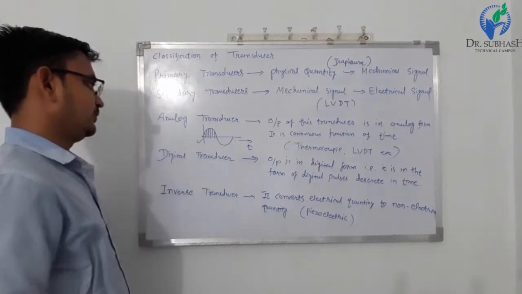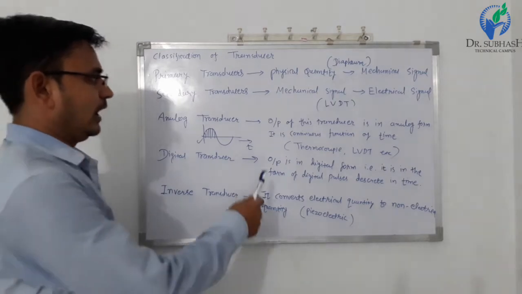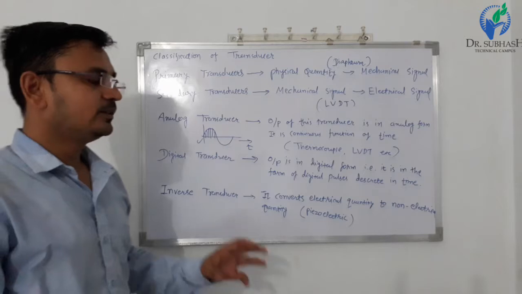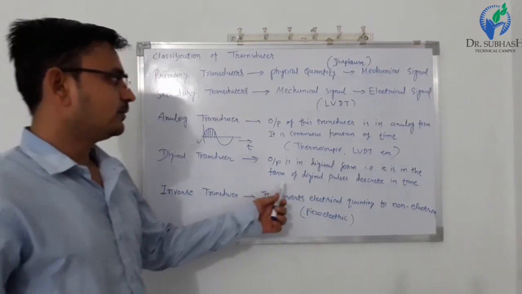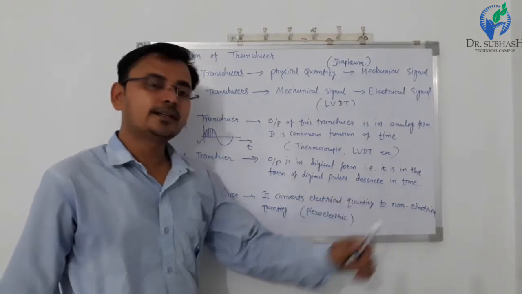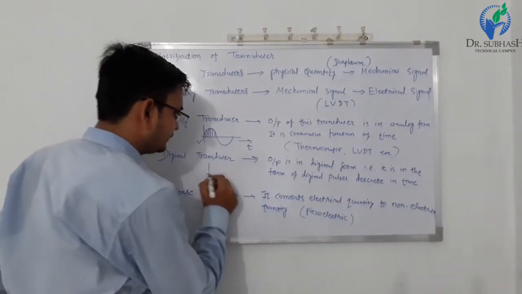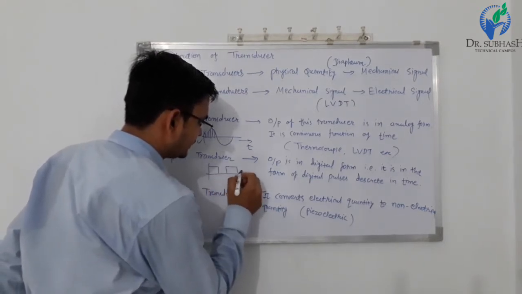Then digital transducer. The output of digital transducers is in digital form. It means it is in the form of digital pulses, discrete in time. For example, if we are talking about a square wave, this type of pulses are there.